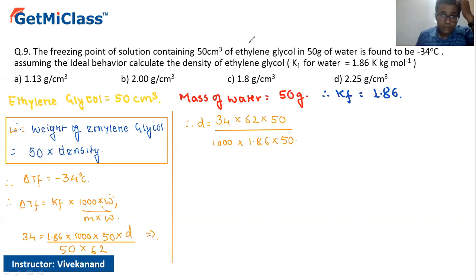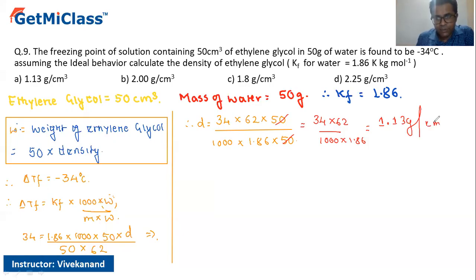Quite obvious, 50 first we'll cancel out. Now when we calculate this, we have 34 into 62, the whole thing divided by 1000 into 1.86. As we calculate this, it gives me the value of 1.13 grams per cm cube. Therefore, the answer is option A.